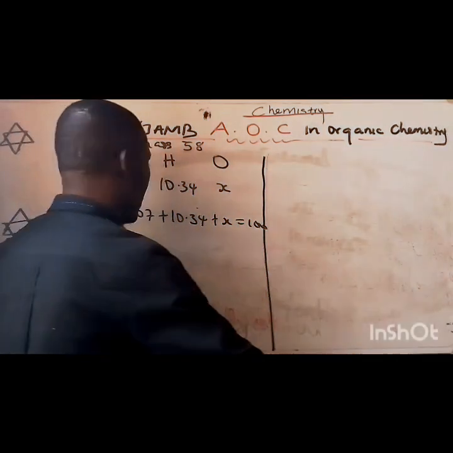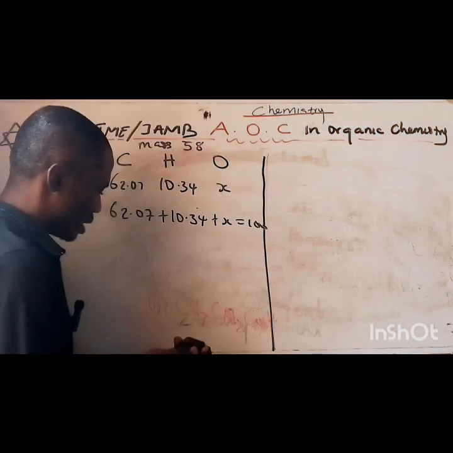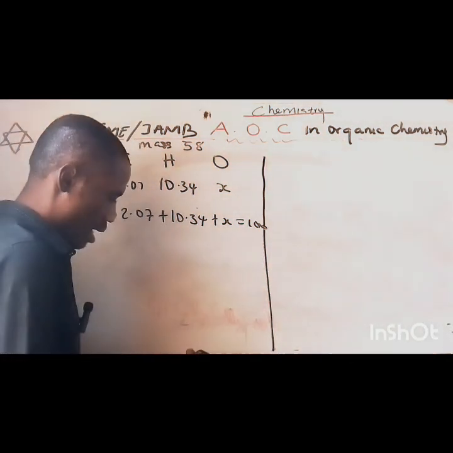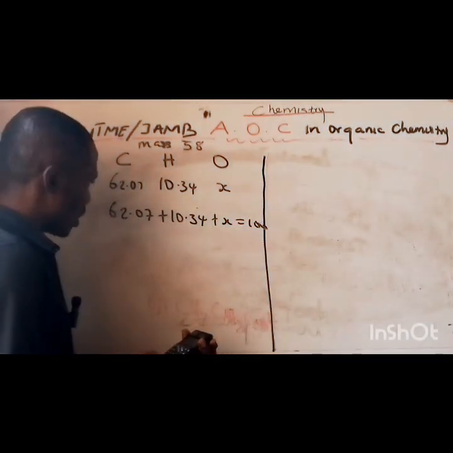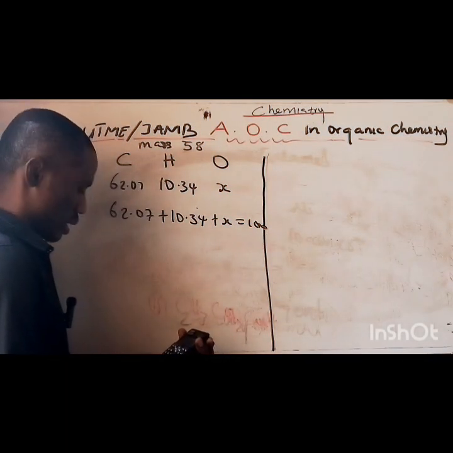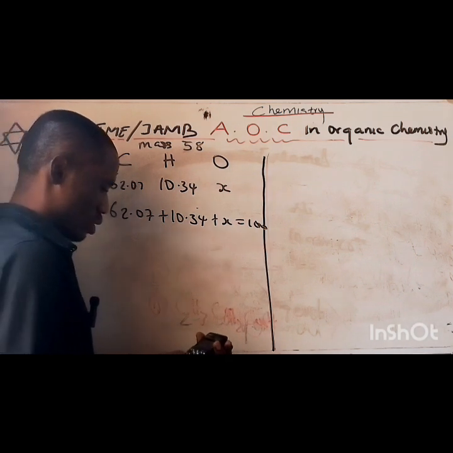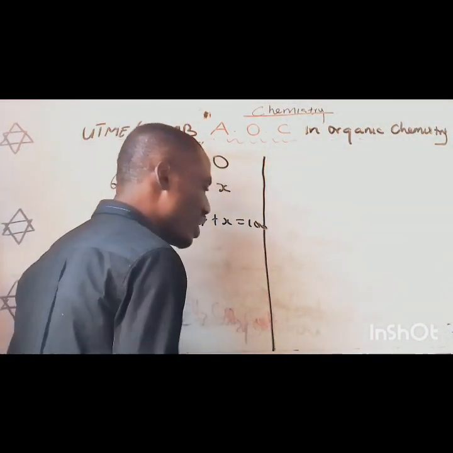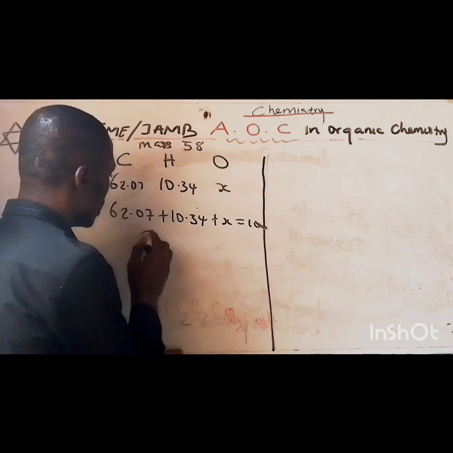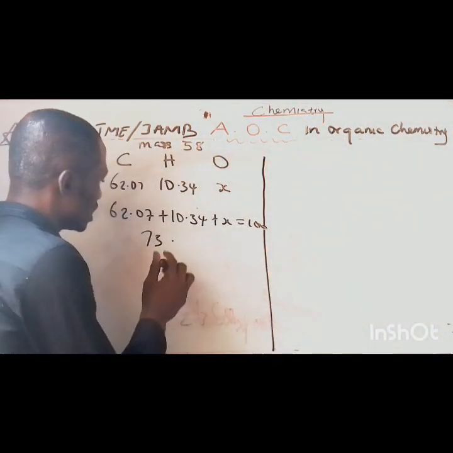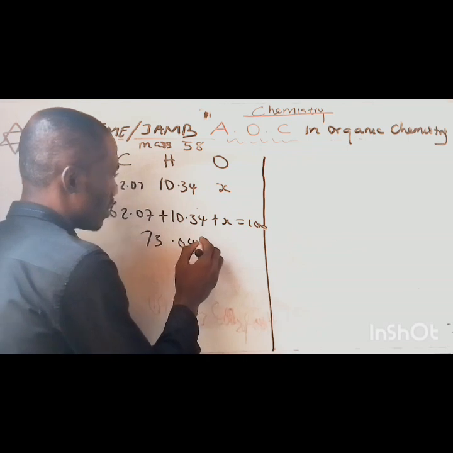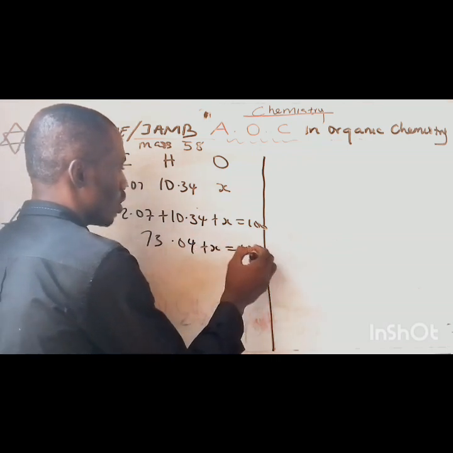Alright? Now, let's do the maths. I need my calculator on. 62.07 plus 10.34. That is going to give me 73.04. 73.04 plus X is equal to 100.